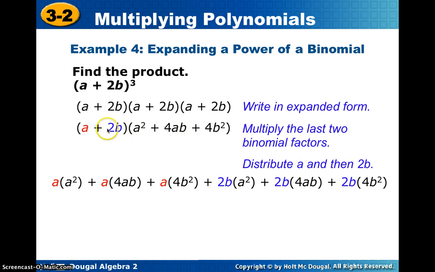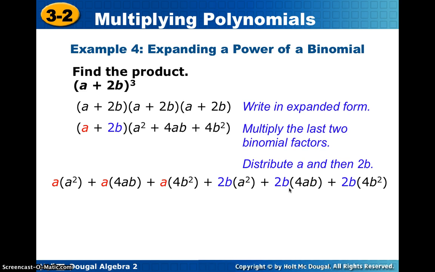And then the last step is to multiply the last one out. So first multiply 2 of the things together, then multiply the last thing. When we multiply the last one, I'm distributing the a that's in red to each part and then distributing the 2b to each part. And that's what you see underneath here.